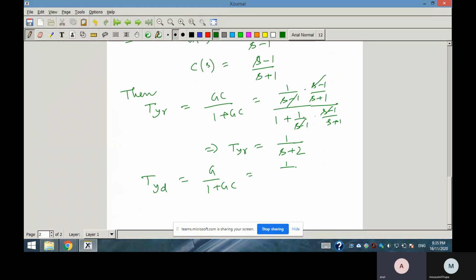So this will be 1 by s minus 1 divided by 1 plus 1 by s minus 1 into s minus 1 by s plus 1. This will get cancelled, so Ty to d equals 1 by s minus 1 into s plus 2.